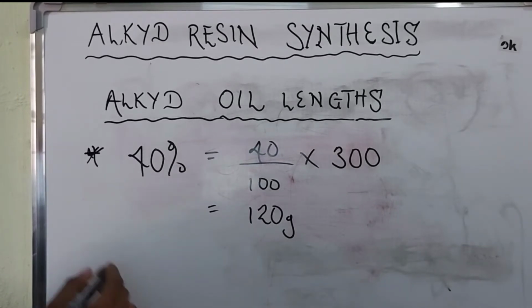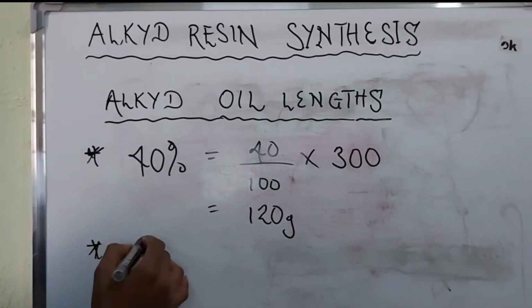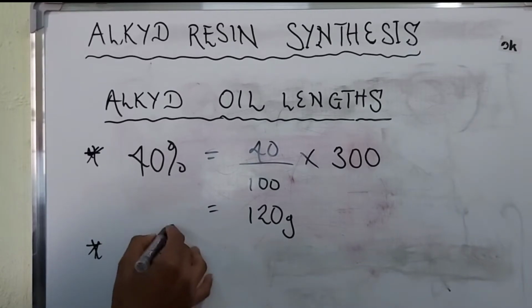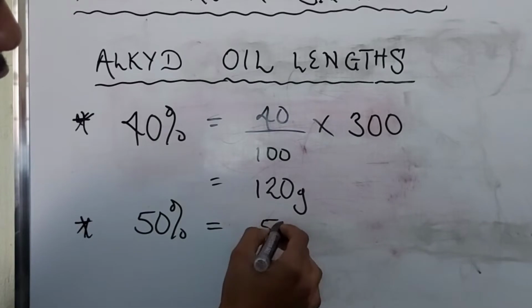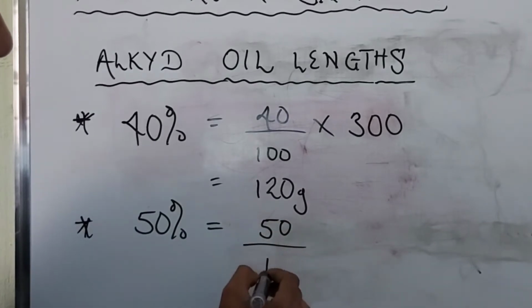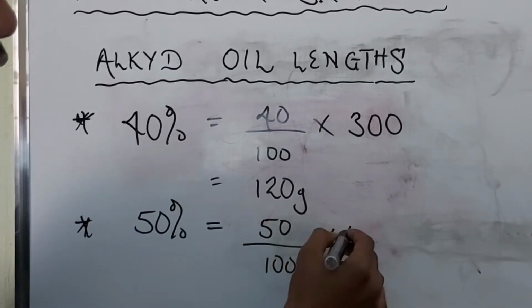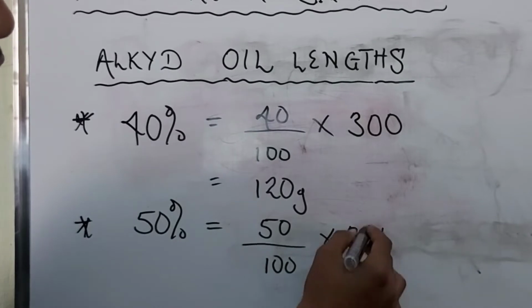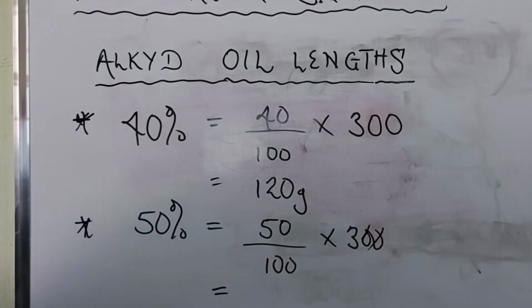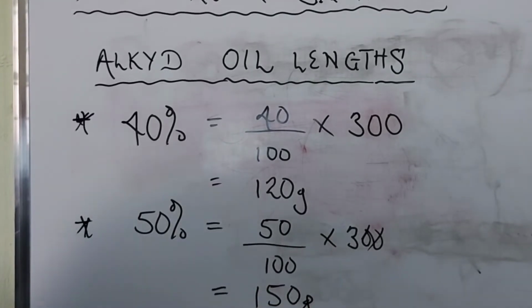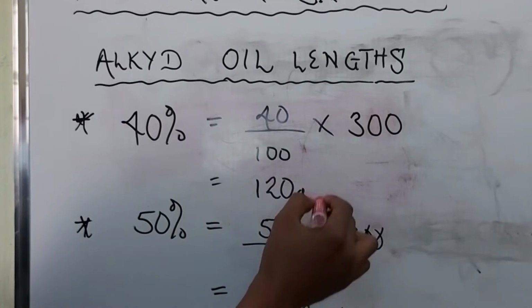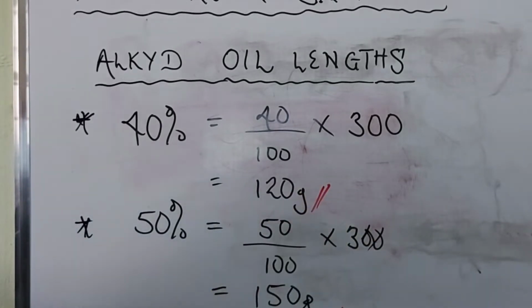Very important. So we go to the 50% alkyd resin. We do the same calculation times 300. This will give us about 150 gram. So we need 150 gram of the drying oil for a 50% formulation.